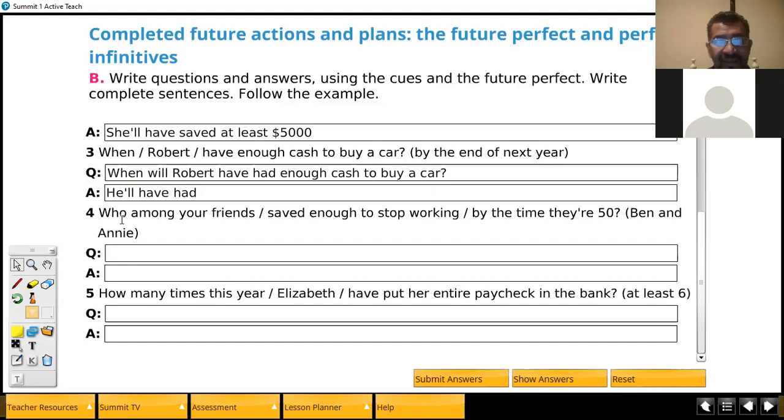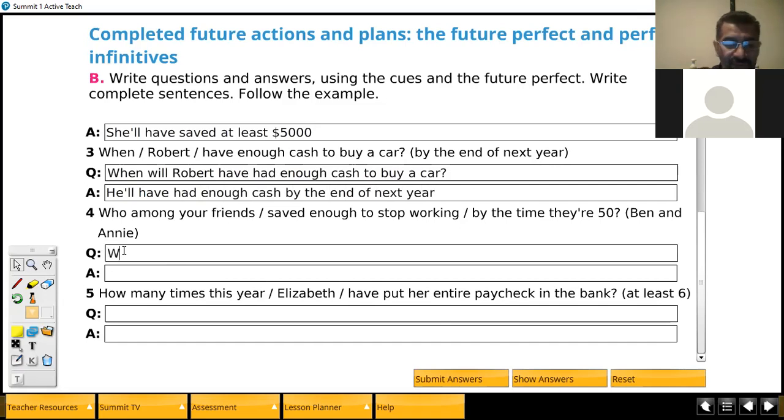Te falta el verbo. You have had. By no dice dinero, ¿no? ¿Cuánto? Enough cash, no? Vamos a poner enough cash. By the end of the... Pero es que me está dando el entre paréntesis, ¿no se supone? Bueno, sí, pero tiene razón. No tendría sentido si nada más dices have had, ¿no? Yeah, okay.